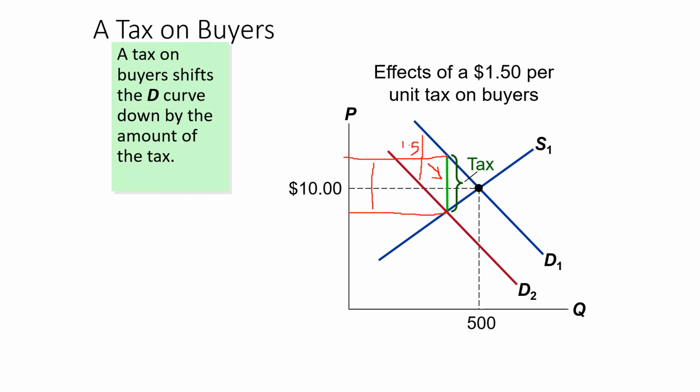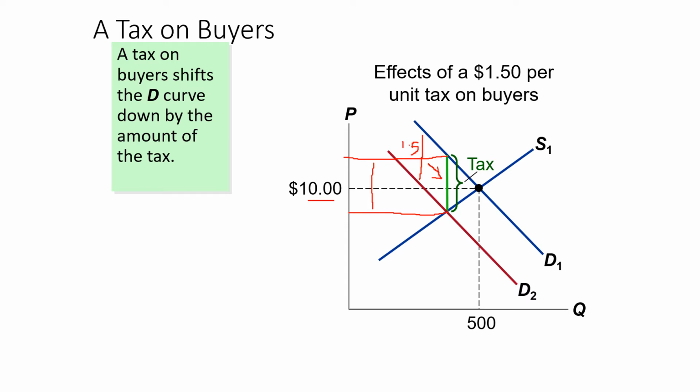So the suppliers are now getting less than $10, which was actually the market price. Now they are getting less than the market price, whereas the buyers are paying more than the market price because they are paying taxes as well.